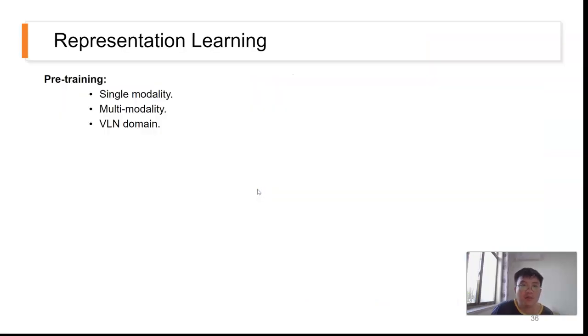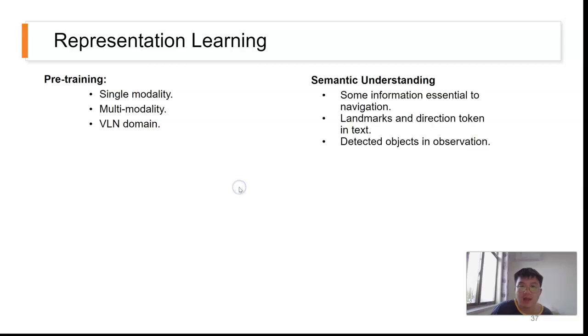First, representation learning aims to get a better understanding of the input modalities. Pre-training, of course, is a commonly used method. Semantic understanding means we find out what the key information in the instruction and the observation is, and we extract that information first.